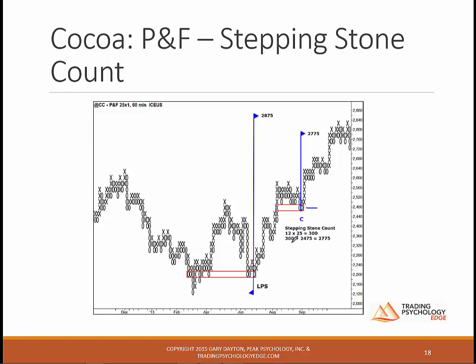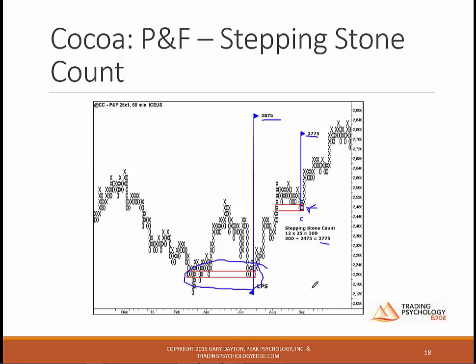We add 300 to the 2475, and look at what we get, 2775. It's 100 points less than this, but it's close. It's only 4 figures, really, so that's pretty good. At this point, though, it's telling us that this original count is a really good one, okay? This original count is a really good one.